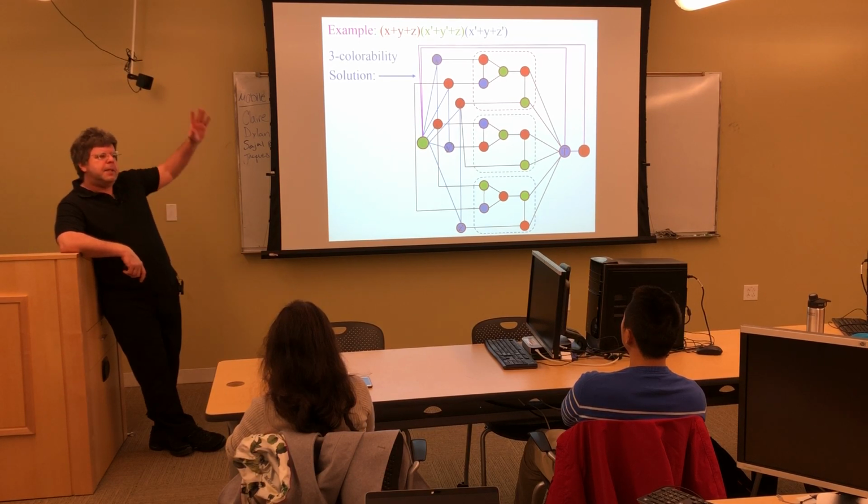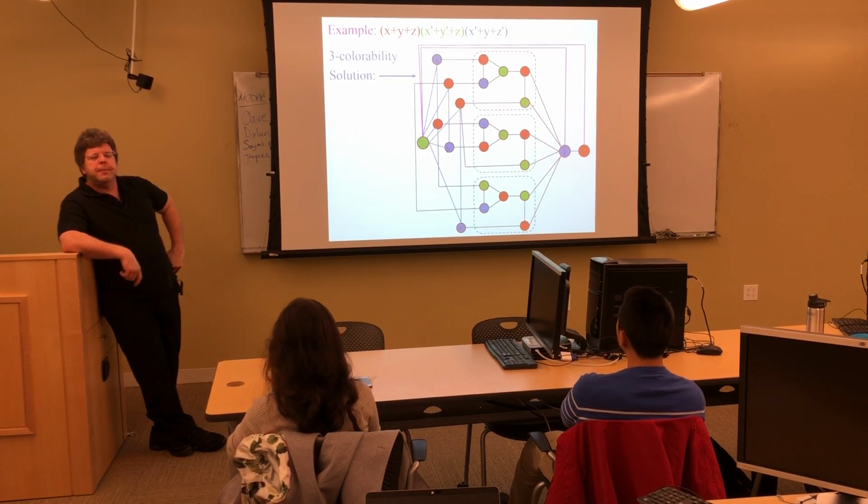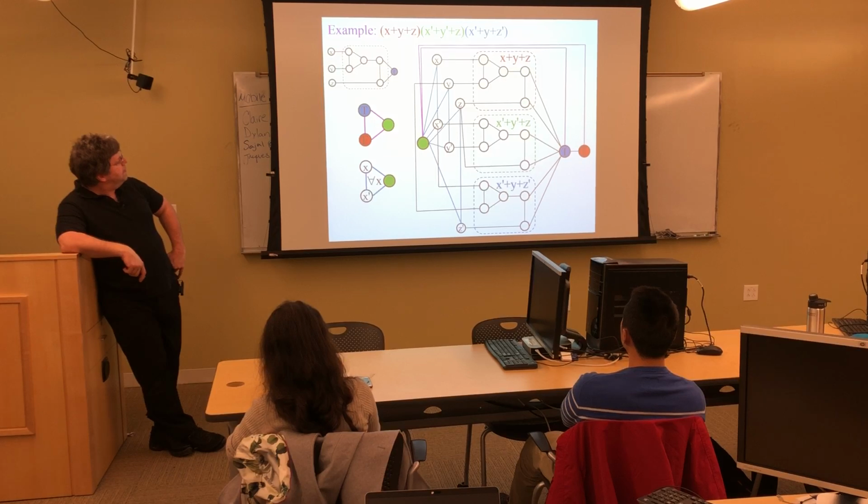How many get this end to end? All right, good. That's most of you. Any questions? Yeah. So we have the connection between variables and their negations in order to make sure that they're not colored at the same time. And the true-false coloring that's connected to the green is there to make sure that both solutions aren't true at the same time.